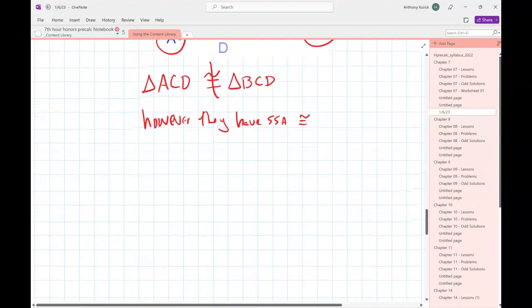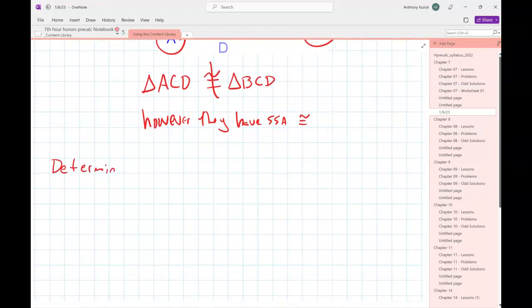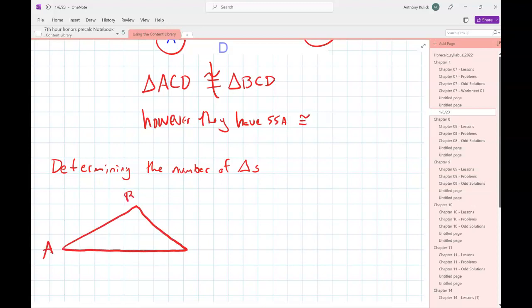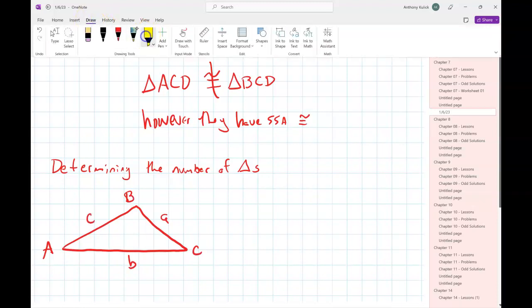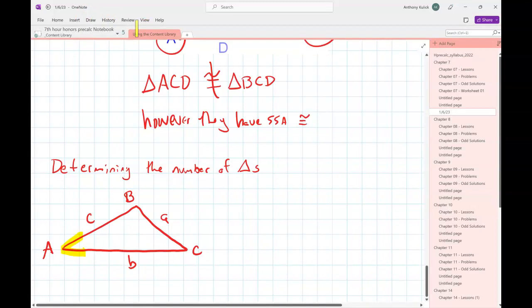All right. So let's say that we're given angle A, we're given side a, and we're given side b.